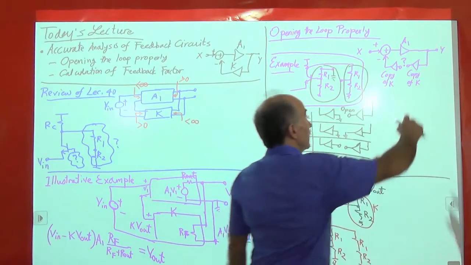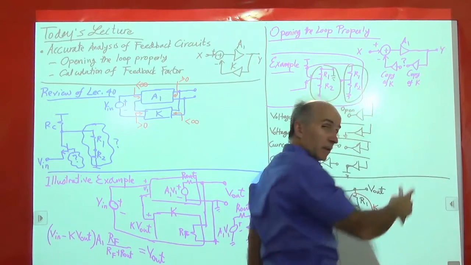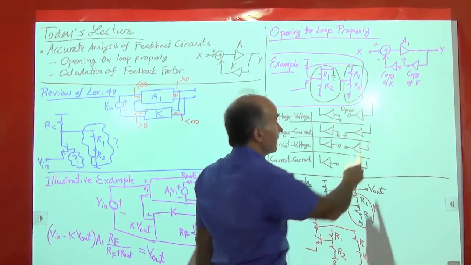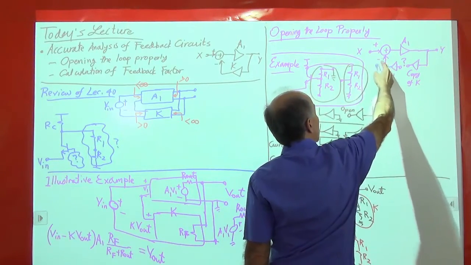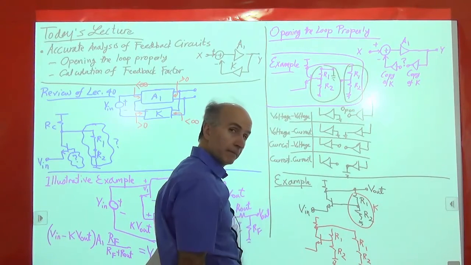Okay, so the output of the amplifier goes to the input of the feedback network. The input of the feedback network is here. And in this case, the output of the feedback network goes back to the input of the amplifier, so that's the output of the feedback network.